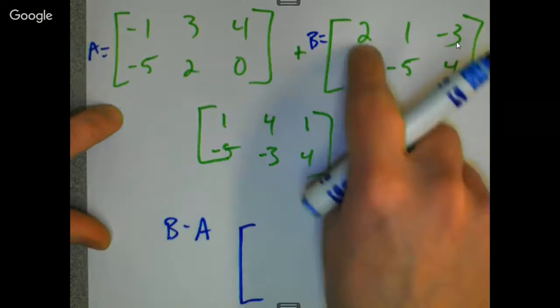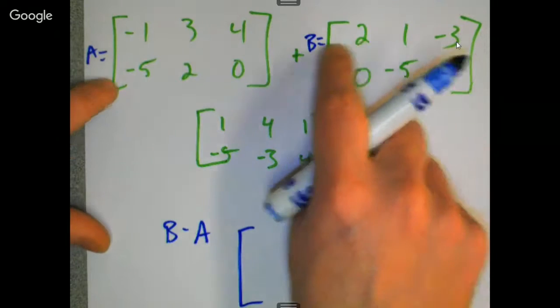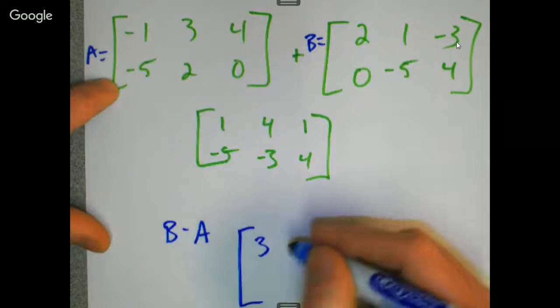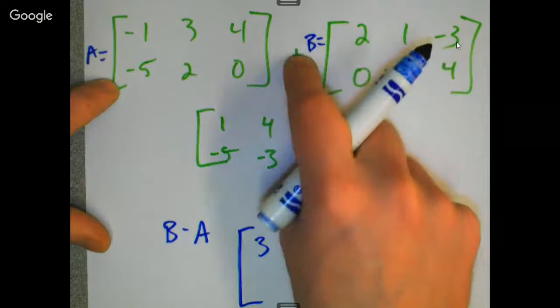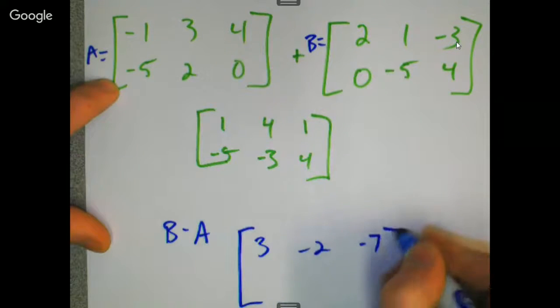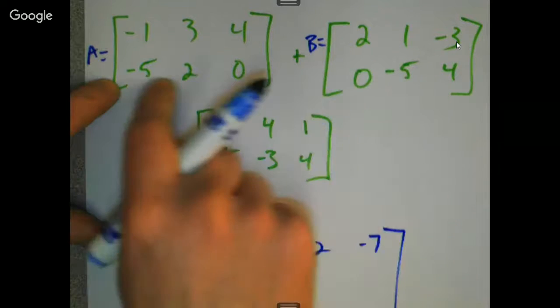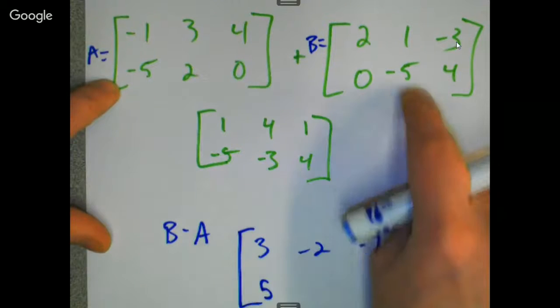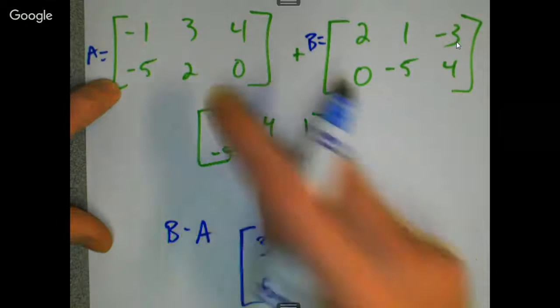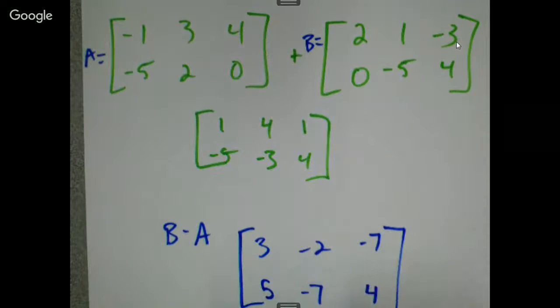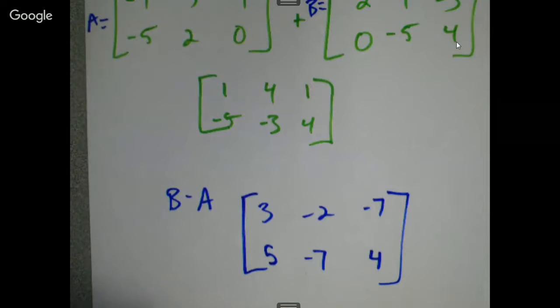So B minus A, so that's 2 minus -1, 1 minus 3, -3 minus 4, 0 minus -5, -5 minus 2, 4 minus 0. So you have to be very careful when you do that kind of stuff because it's simple math, but very easily messed up.